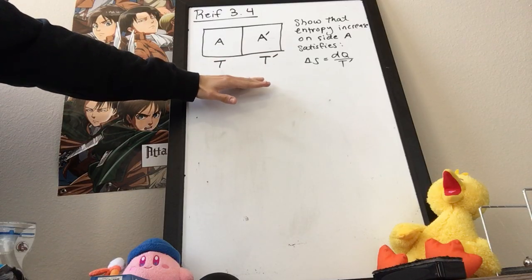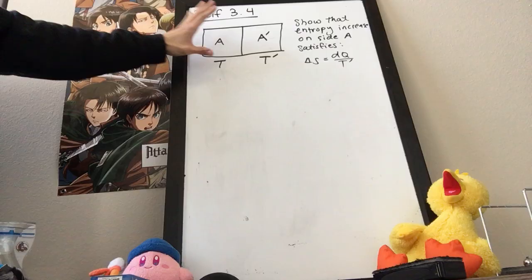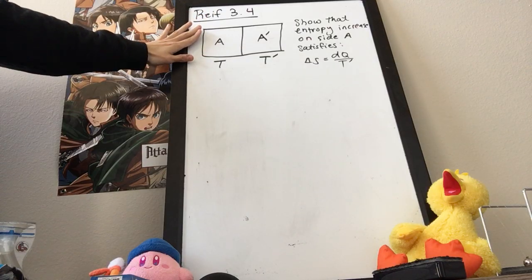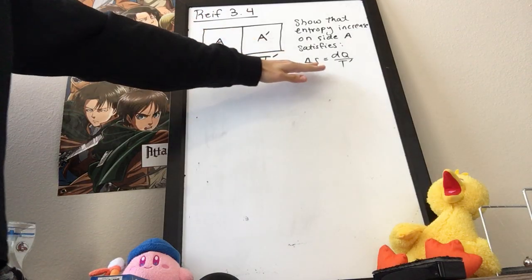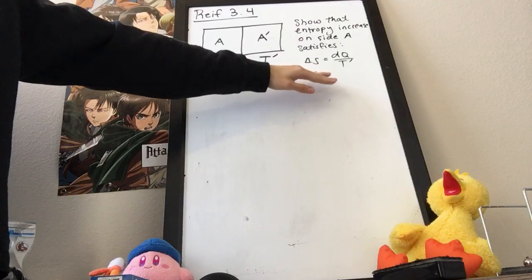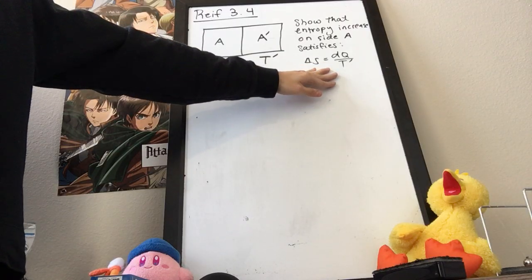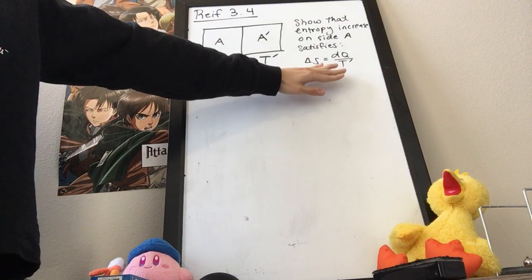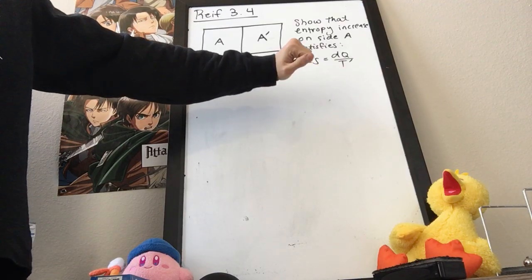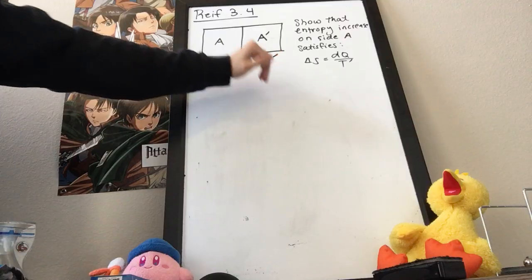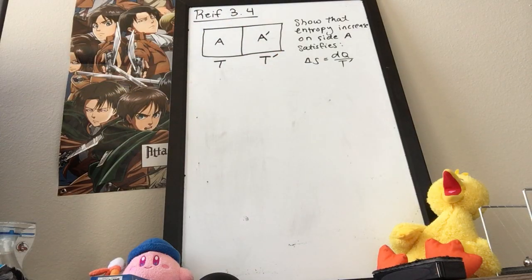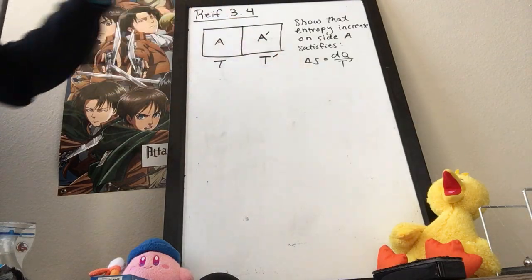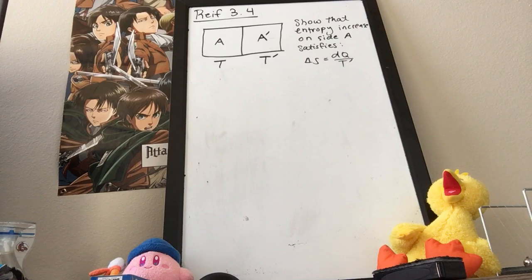Show that the entropy increase of A in this process satisfies this relation, delta S is equal to dQ divided by T prime. This is only valid, note, if the initial temperature of A differs infinitesimally from T prime of A prime. So we're dealing essentially with a quasi-static process here, right?